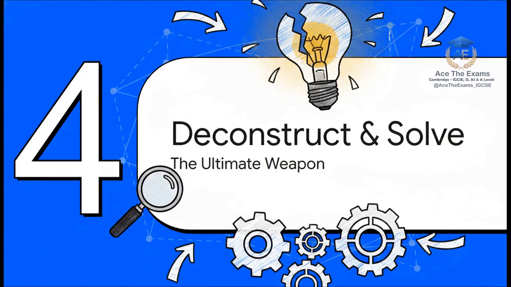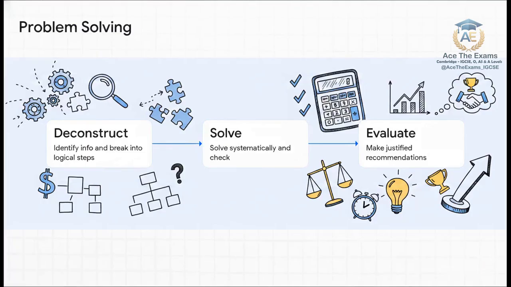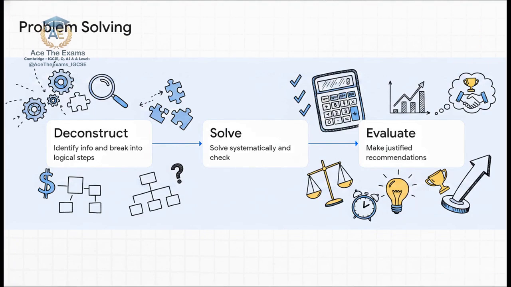Entering our final stage, Section 4, Deconstruct, Solve, Evaluate, the ultimate weapon. When you are staring down those intimidating, high-tariff past paper prompts that hold massive points, this is the exact cheat sheet architecture you will use to hack them. Step 1, deconstruct. Don't just start blindly typing code.